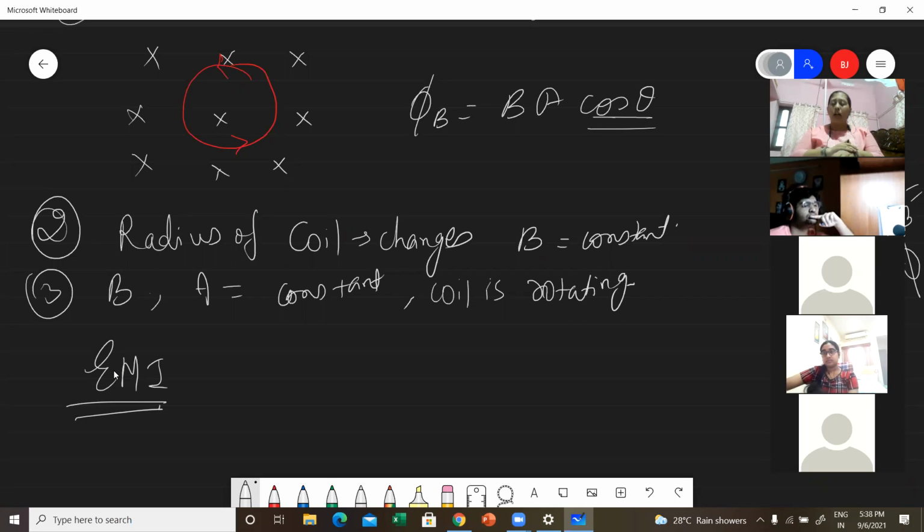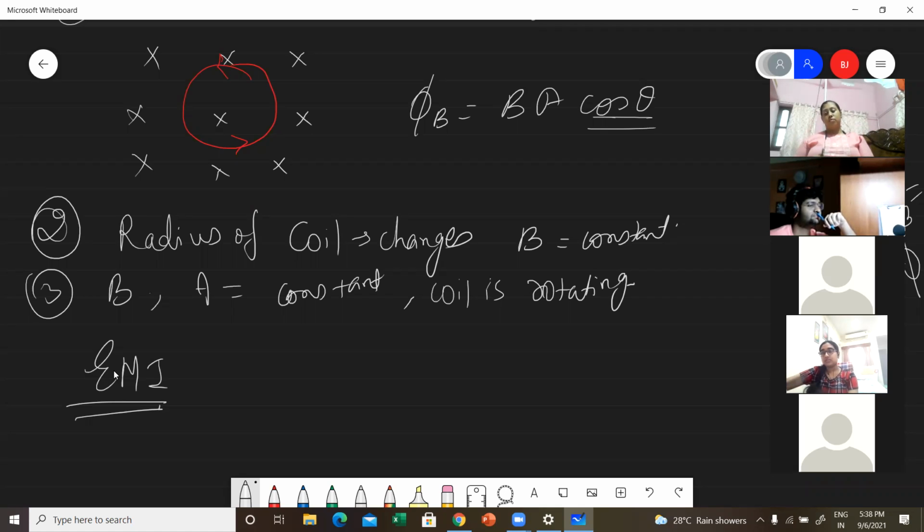Okay? So what I said is that if the current is changing, the potential is also changing. Now here, what do you mean by the heavy words EMF and EMI? What is it? EMI is electromagnetic induction.